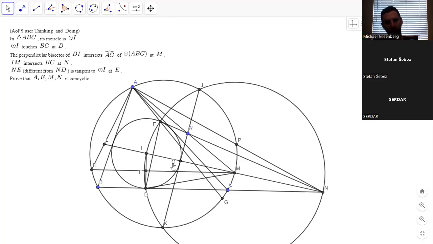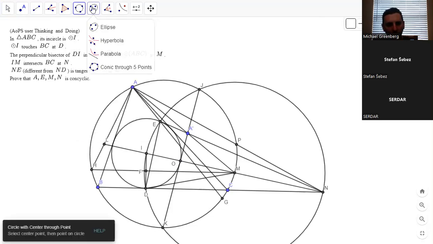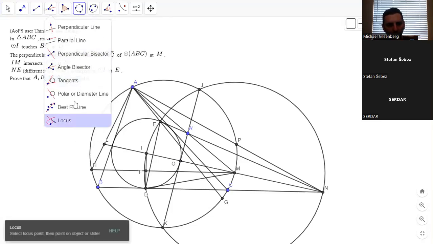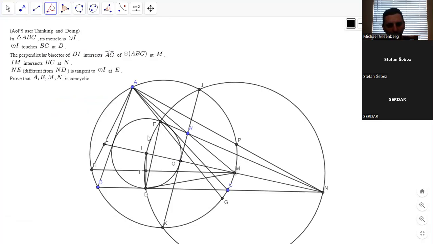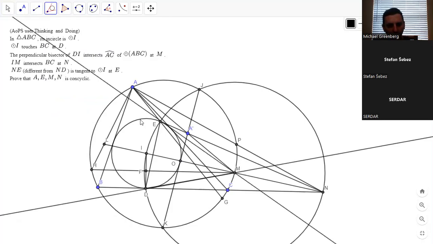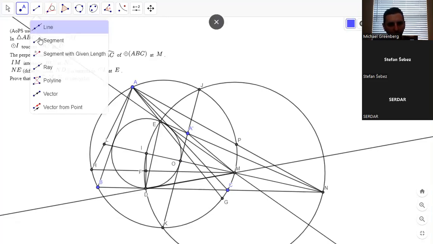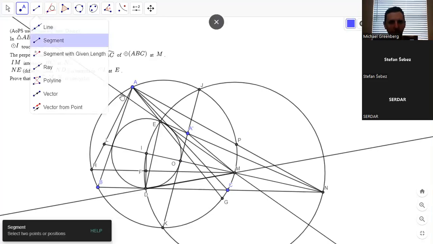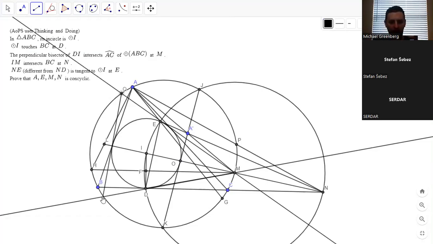You take the tangents from M to the incircle and let them cut the circumcircle. Let me do that. So this is going to be tangent to the incircle by Poncelet's porism, right?